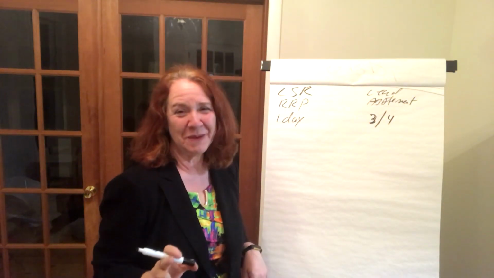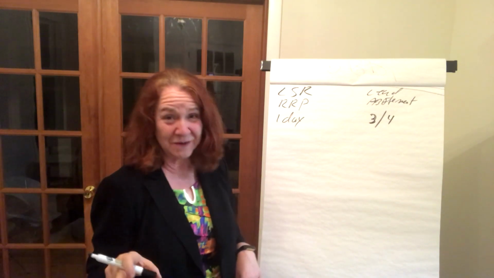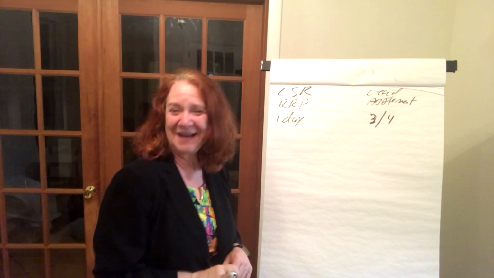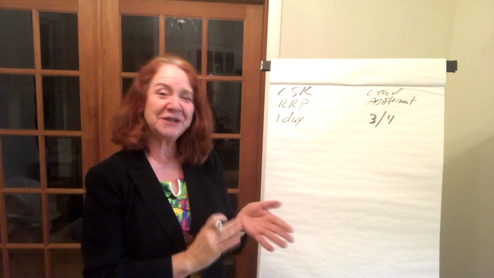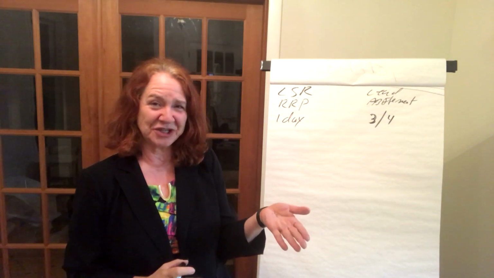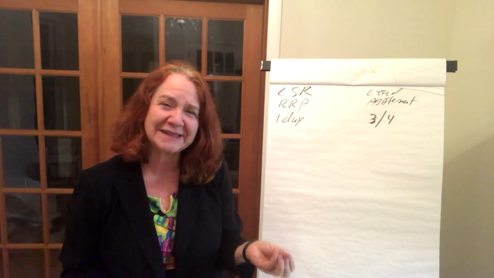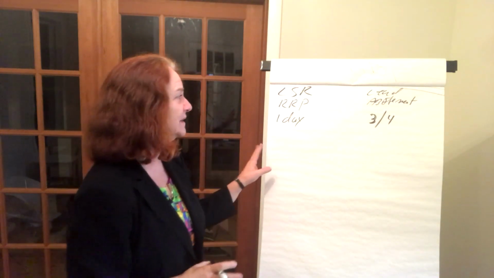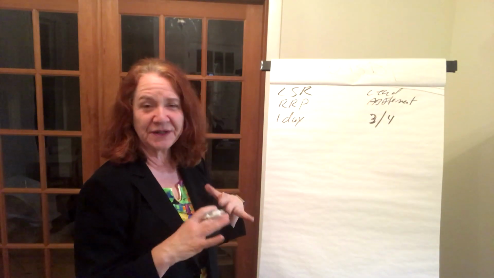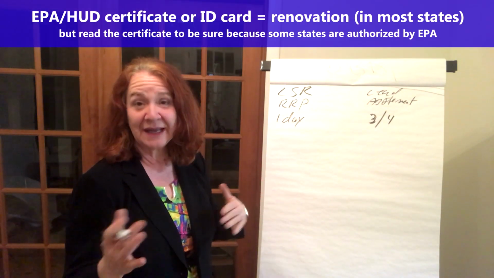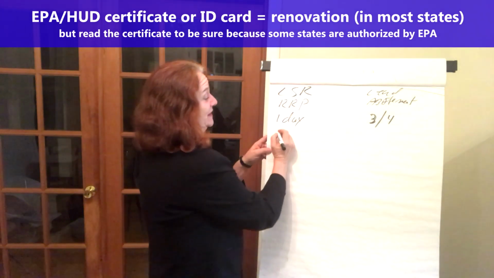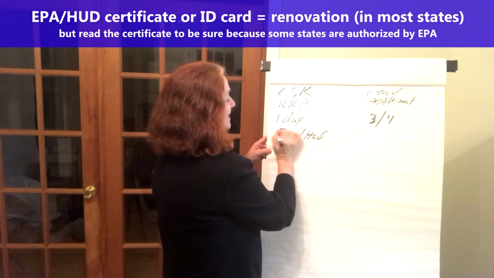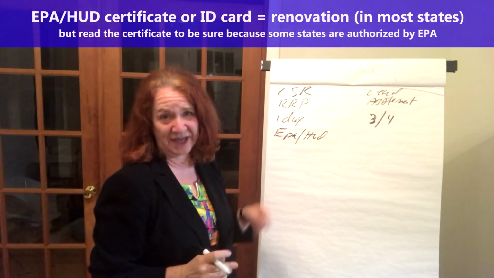Now, you may not remember the name of the class you took, but you know if you sat in class for 1 day or 4 days. Fair enough? So you can ask that question. Another thing you can do is ask to see their certification and see what it says on it. In most of the country, if they're certified by the general EPA and HUD certification, which will say EPA HUD on it, that is an RRP certification.